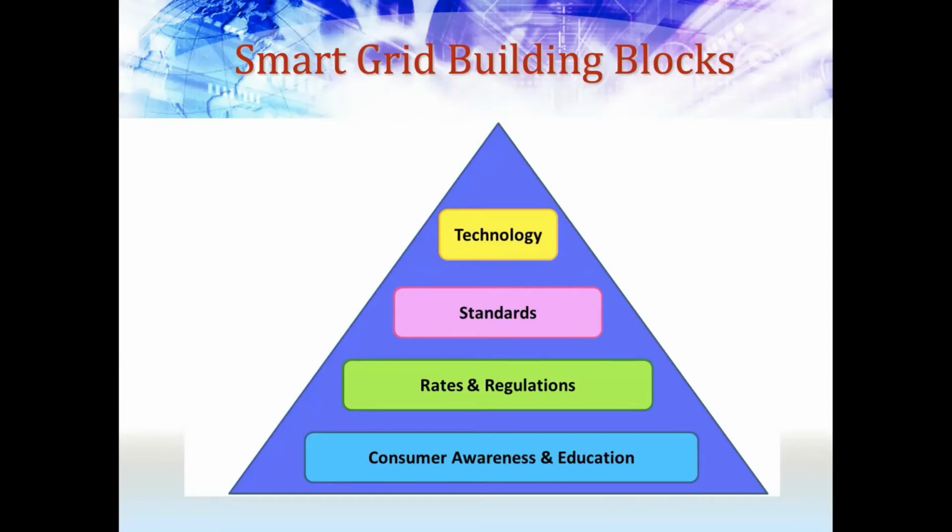Finally, at the bottom of this pyramid, I have consumer awareness and education. Very, very important. That has not been done yet fully. If the customer, you and me, do not understand the benefit of smart meter, smart grid, we don't care. We don't take any action. Because smart grid is not cheap.